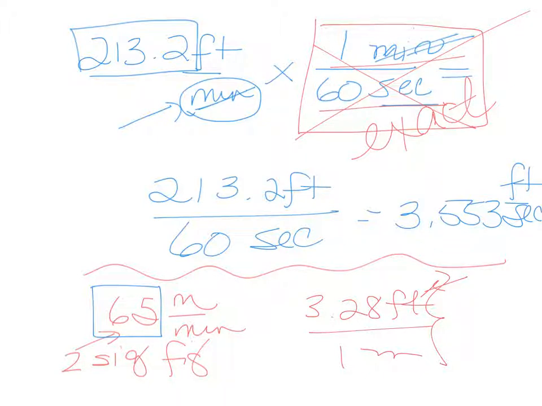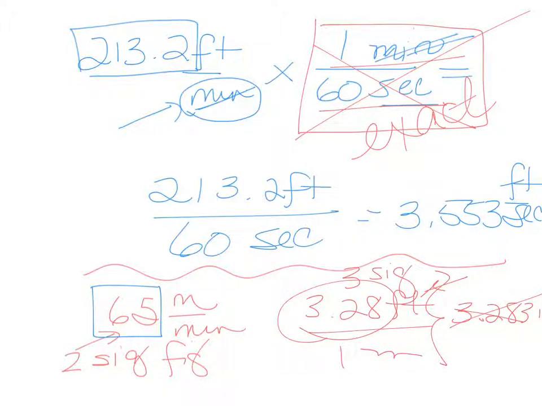And so I'm sure this conversion could be reported with more sig figs, for example, 3.281, depending on the precision of the instrument you use. But in this case, since it's not a defined value, 3.28 has 3 sig figs.